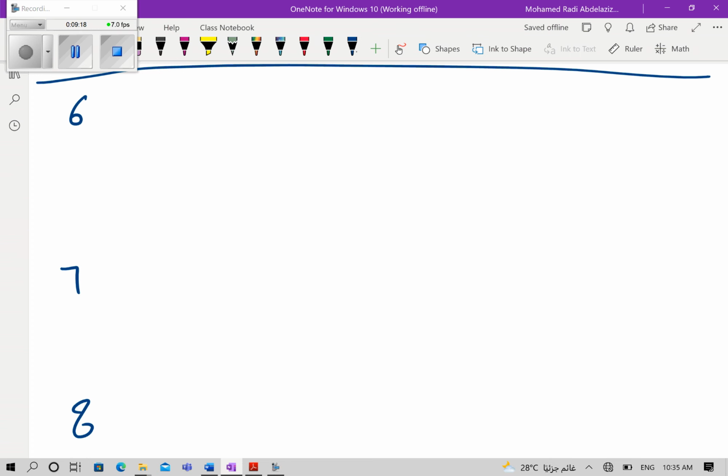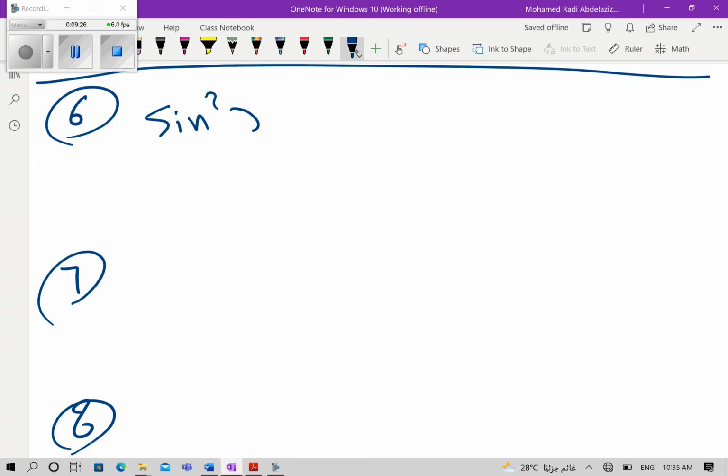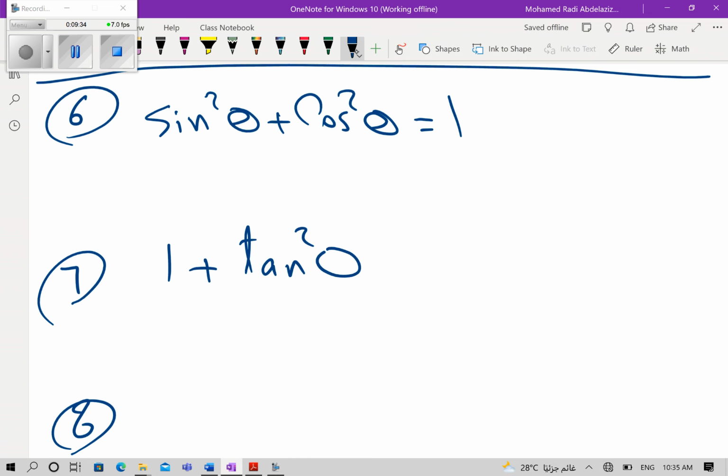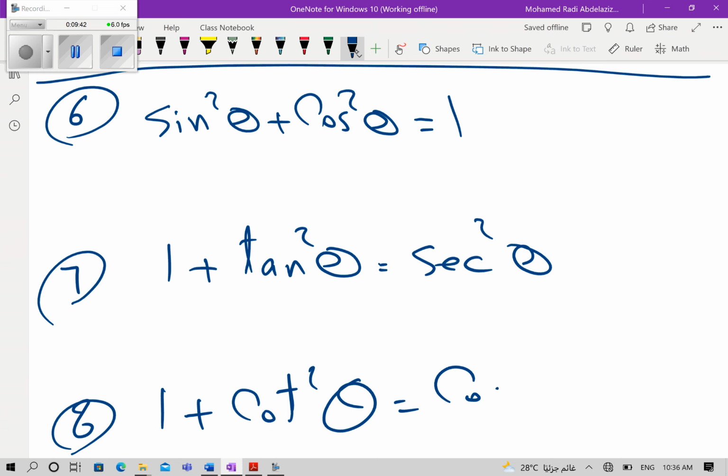We have 3 identities for AS level. Sine squared theta plus cosine squared theta equals 1. 1 plus tan squared will be sec squared. 1 plus cotan squared is equal to cosec squared theta.